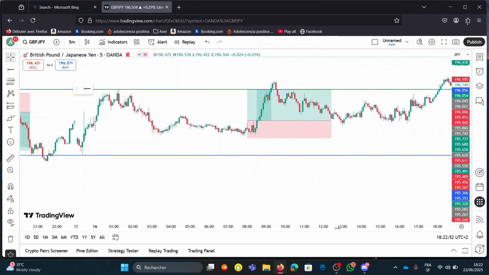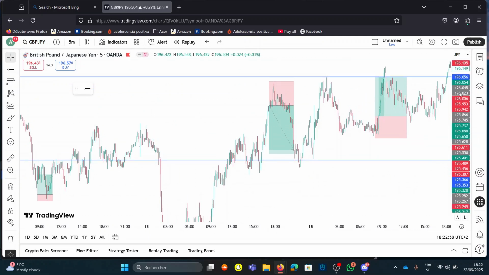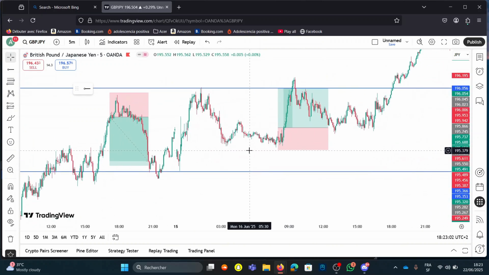So as you can see here, we are clearly trending to the upside, right? What do we do from there? Well, we got the liquidity sweep here from this one. I don't know why, but I traded that one, so perfect.